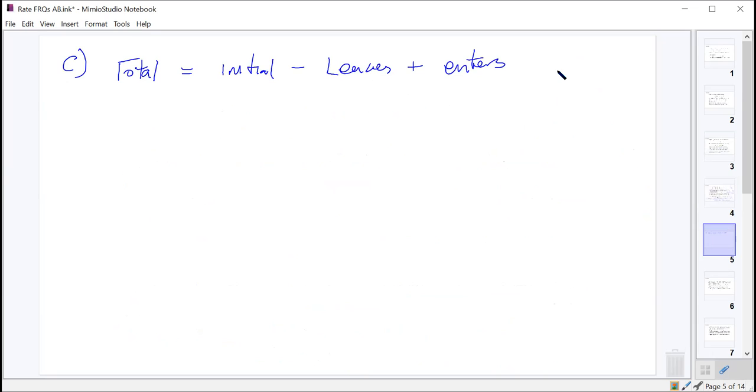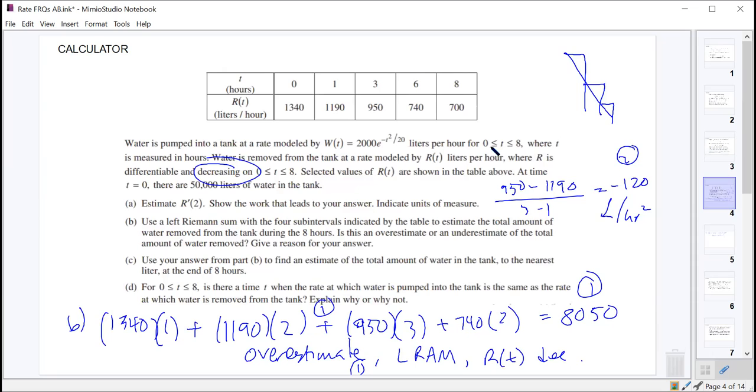There we go. Okay. 50,000 minus the amount that leaves, which we said was 8,050. And how much water enters the tank from 0 to 8? The integral of this.